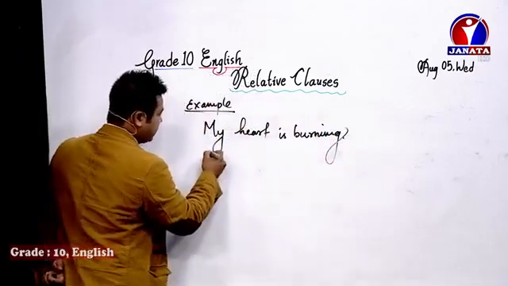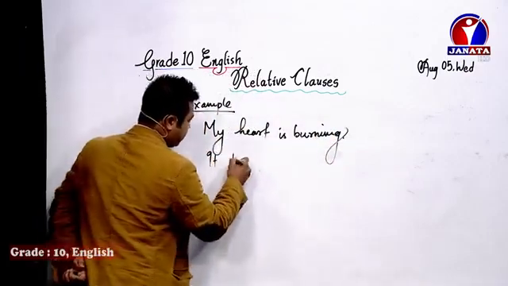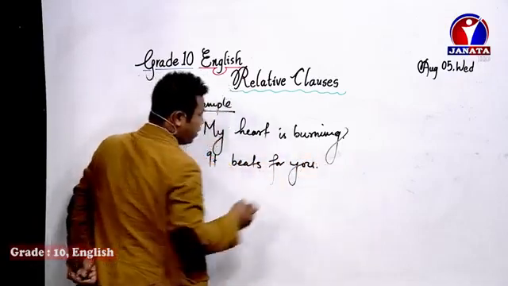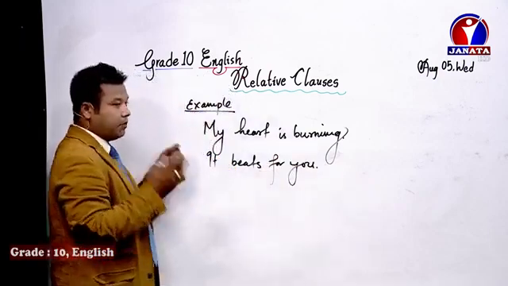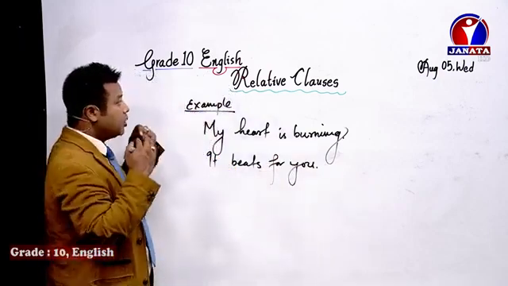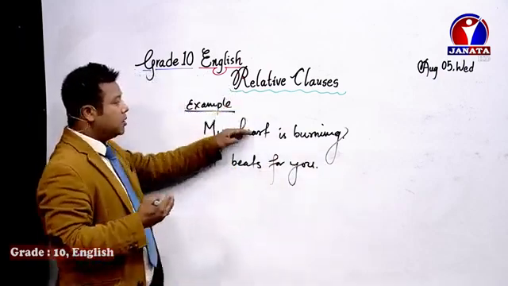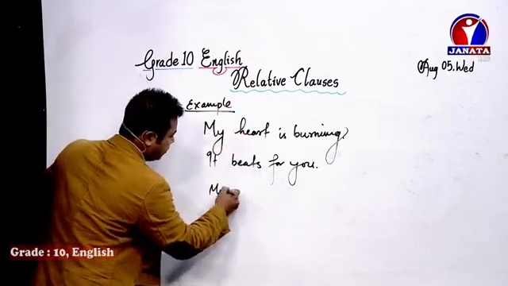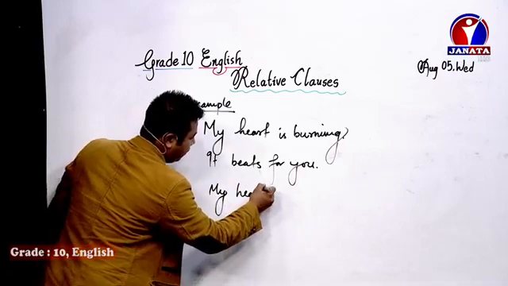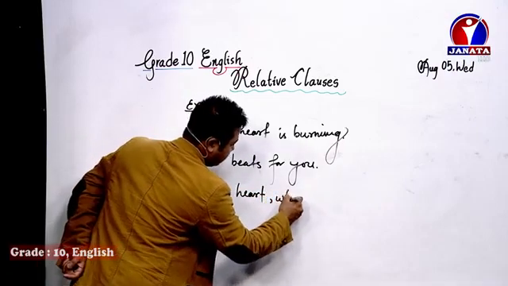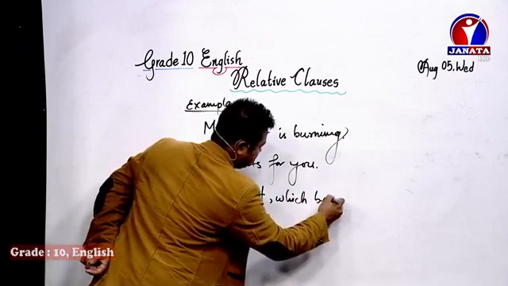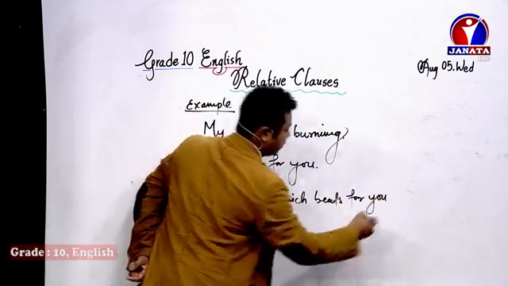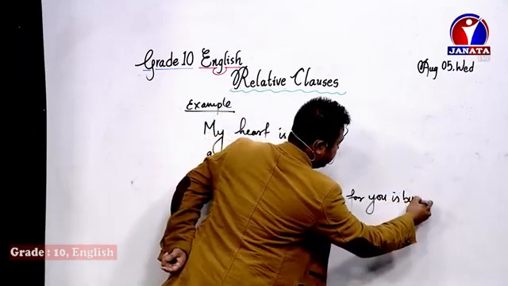And the second is, it beats for you. Now, when I write these two sentences, my ultimate task is to use relative clause. So I'm going to merge these two sentences into one, and I would do it like this. My heart, which beats for you, is burning.